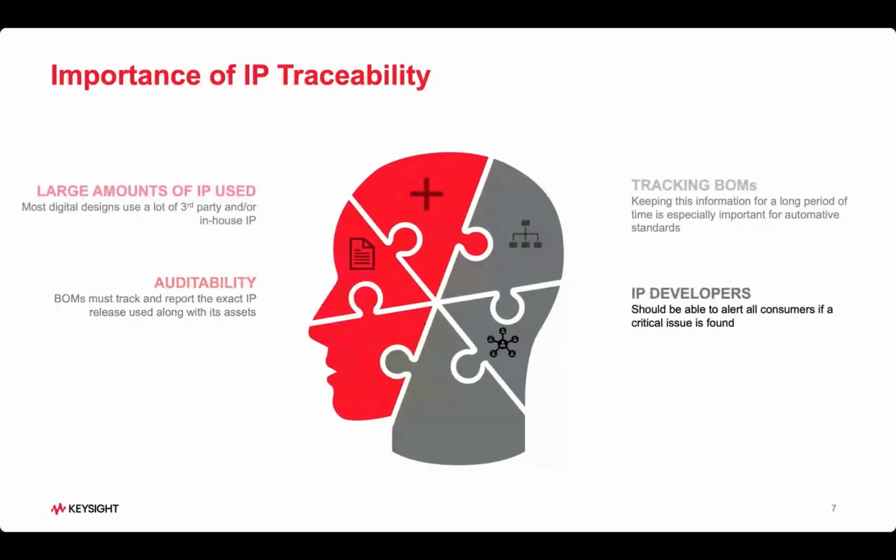If I am the IP developer, whether it's an internal IP developer, I should be able to see who all the consumers of my IP are. At the same time, the consumer of the IP needs to be alerted if there are any new revisions or upgrades to that IP as well. So it's not one-way communication between the developer and consumer, it's bi-directional.